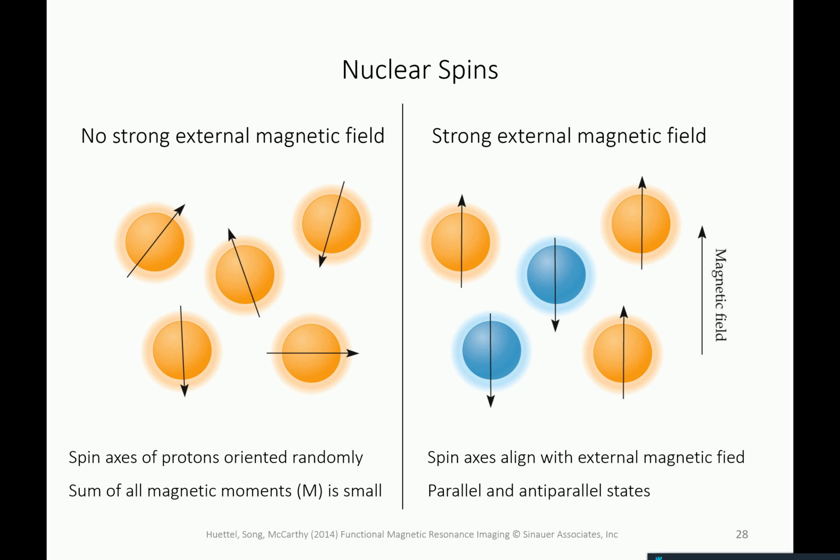They align, and because now a majority of them is actually aligned in the parallel state, you can, if you have a very sensitive measurement device, of course, because there's this very strong magnetic field, if you look for the difference in terms of, let's say, the excess of magnetic power or magnetism in this system, you will find a little bit, yeah, because these little magnets now also produce something in addition to the strong external magnetic field.